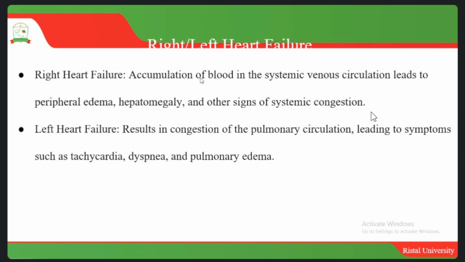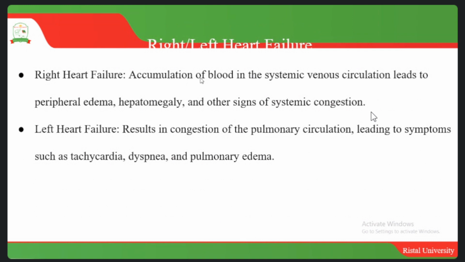Someone may have facial puffiness because the face has a lot of edema and so forth. So all this is when the right heart fails. You realize somebody is having all these congestions in the system, in the liver, in the peripheries, because there has been accumulation of fluids in those areas.